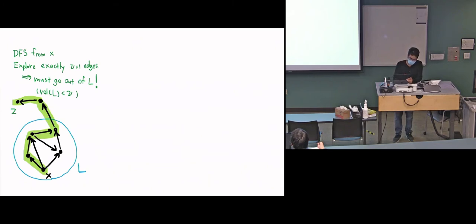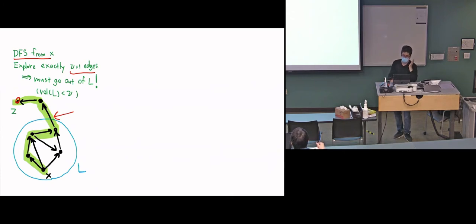You just do some depth first search or breadth first search from x, and let's say you do it in such a way that you explore exactly nu plus 1 edges, so strictly more than nu. If you do that, you must go out of L, right? If you explore more than nu edges, you will go out of L through this cut edge, and you will stop outside L.